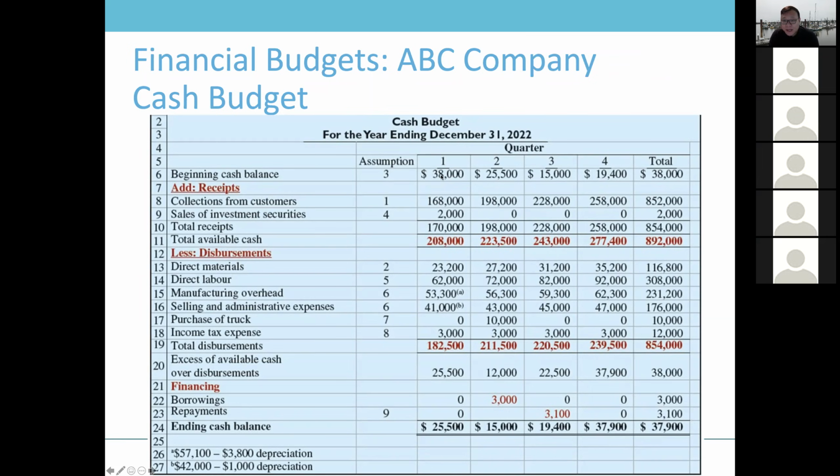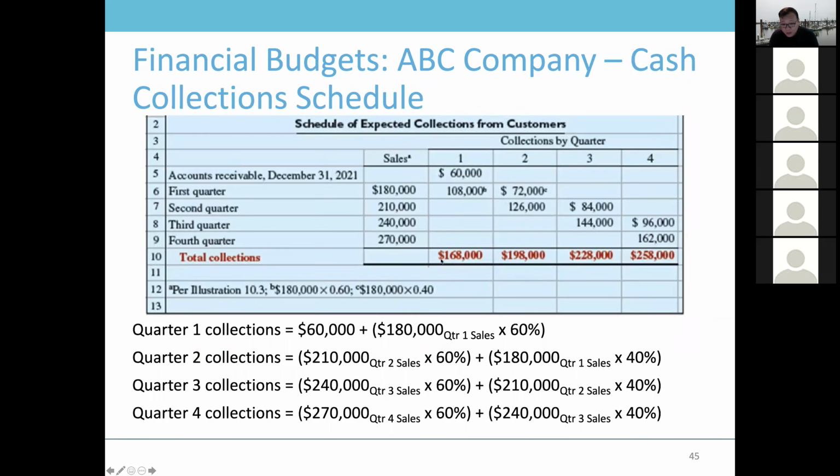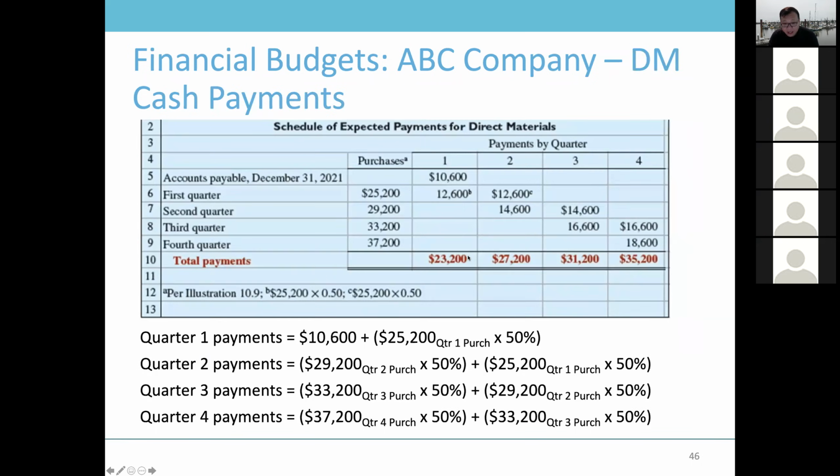Okay, please follow my cursor. So the beginning balance, this one, 38,000. How much can I collect? Well, this is 168,000. That's this number. 168,000 I'm collecting. That's the cash I receive. How much cash do I use to pay the supplier? 23,200.